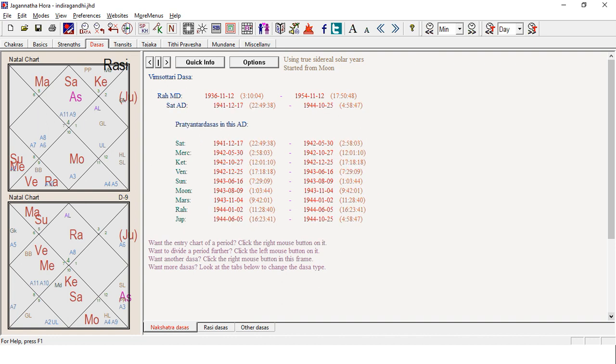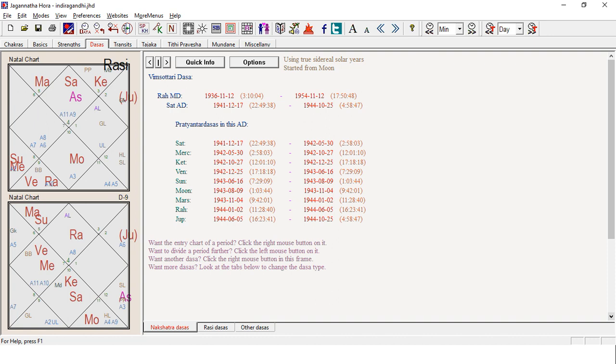Now Rahu's Mahadasha and Saturn's Antardasha. Srimati Indira Gandhi got married on 26 March 1942. So it is Rahu's Mahadasha, Saturn's Antardasha and Saturn's Pratyantardasha, right? You can see the relation in the Rashi Tulya Navamsha. Rahu is in the Lagna, aspecting the 7th house, and it is aspecting Saturn also.